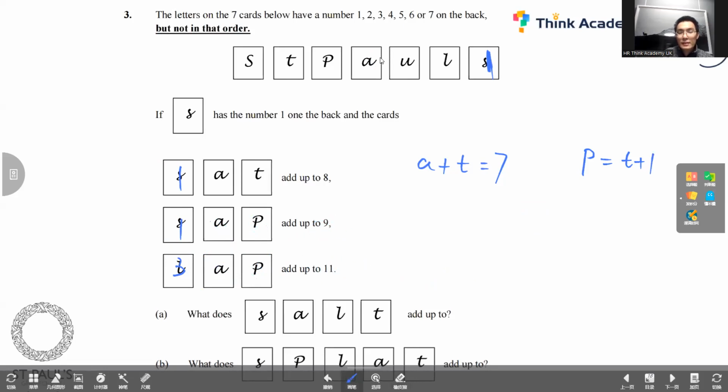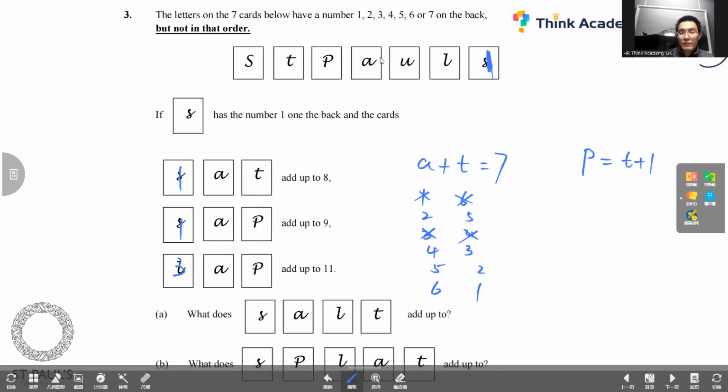So 1 plus A plus T is 8. That means A plus T is 7, right? So we have these choices for two numbers that add up to 7. We can have 1, 6, 2, 5, 3, 4, 4, 3, 5, 2, 6, 1. We cannot have 1, 6 because S is 1. We cannot have 3, 4 because L is 3.